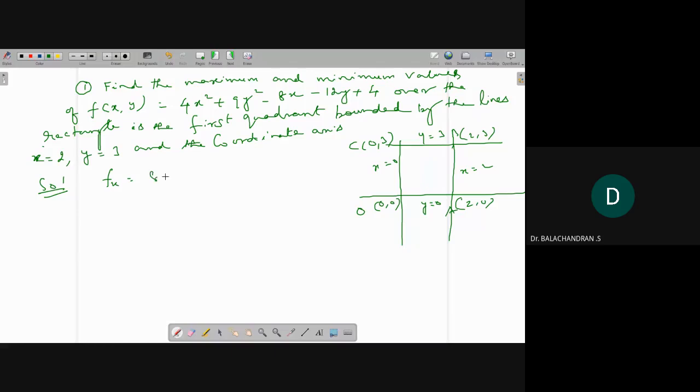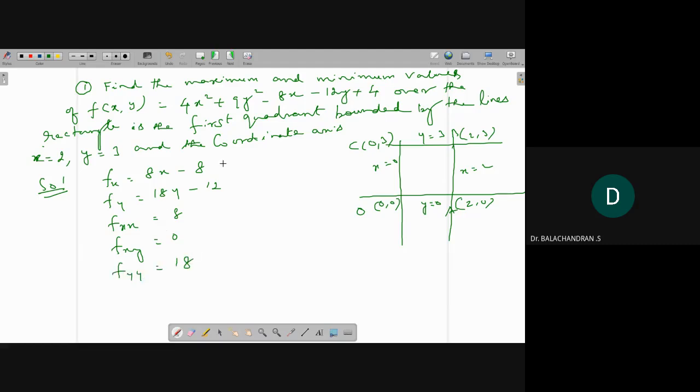So find fx. fx is 8x minus 8. fy is 18y minus 12. Find all the five partial derivatives. fxx is 8, fxy is 0, fyy is 18.